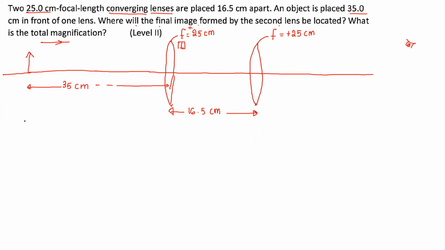Let's first find di of the first lens. So do it and tell me what you get. This is your d naught. It is positive. You are going to use this d naught and this lens and tell me what you get for di.